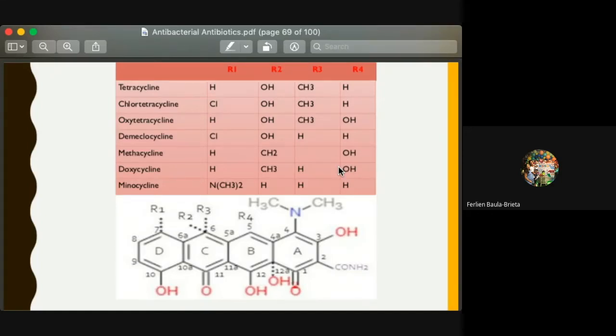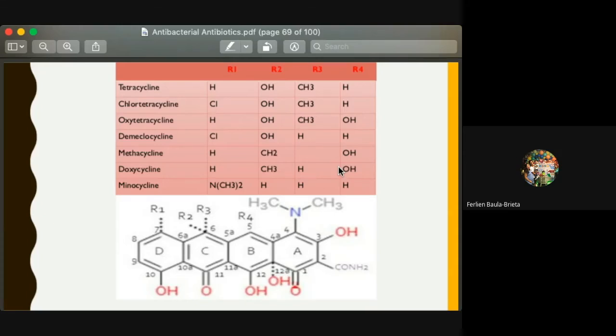Okay, so that's demeclocycline. Now we have methacycline. It has a different positioning of our functional groups resembling tetracycline, but this time we have them in R2 and R4. Another is our doxycycline. It is almost the same as our tetracycline, but it has the same functional groups added to its structure in different locations.